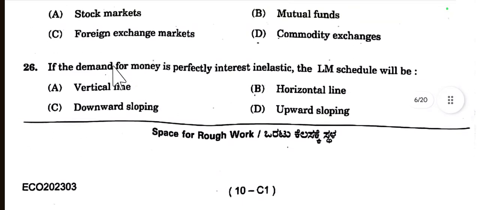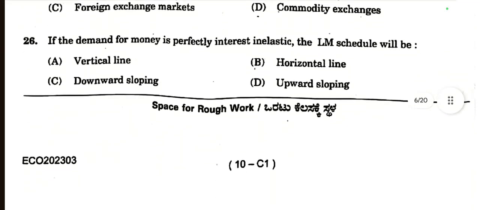Then question number 26: if the demand for money is perfectly interest inelastic, then the LM schedule should be a vertical line, horizontal, downward sloping, or upward sloping?